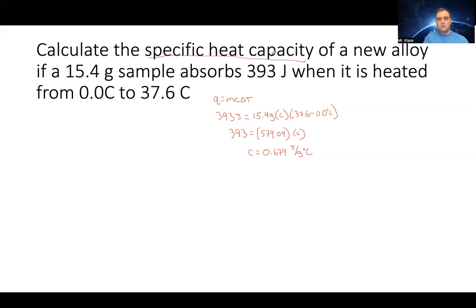So again, all we did was plug in what we were given from our problem, and then solve for our unknown variable, which is specific heat capacity. Now, of course, we should check, and our answer is c, and the question is asking for c. That's a pretty simple problem.